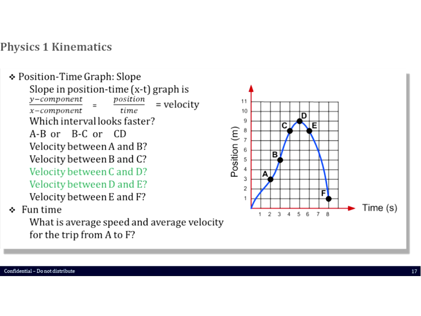Very good. So now we have learned how to find displacement, so now we can find velocities as well. Please tell me, what is the velocity from A to B? You just need to divide displacement by time.